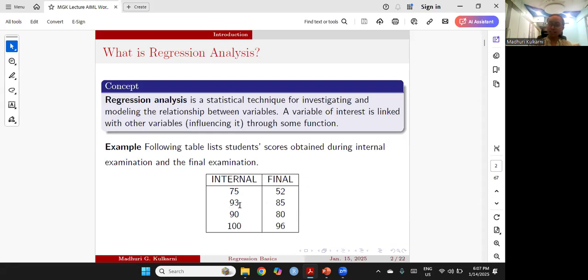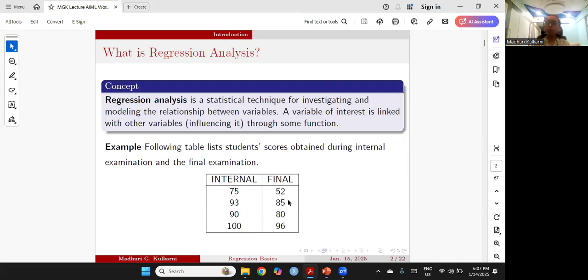The second student got 93 marks in the internal examination, but in the final examination he got 85 marks. These internals were conducted within college and not on the complete syllabus. Students were studying some part of the syllabus at a given time, and then multiple such internal tests were conducted and their average is 75 out of 100. The final one is also out of 100.